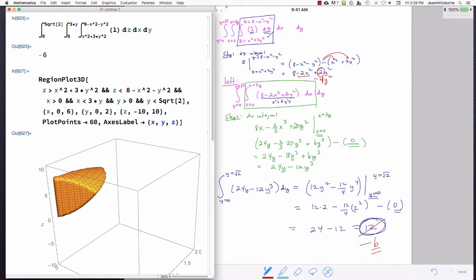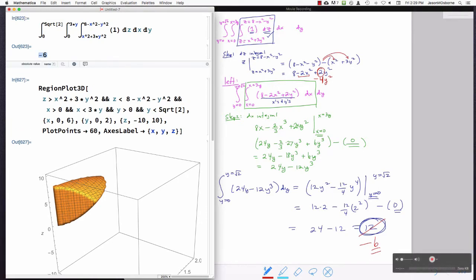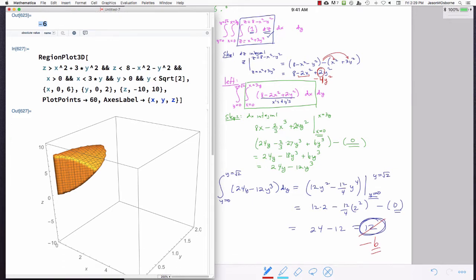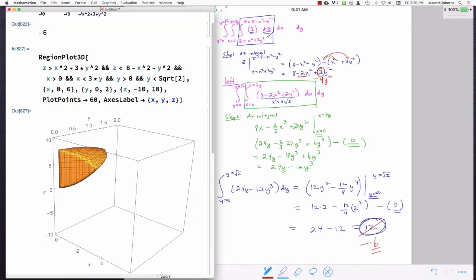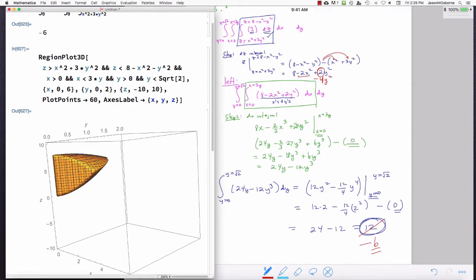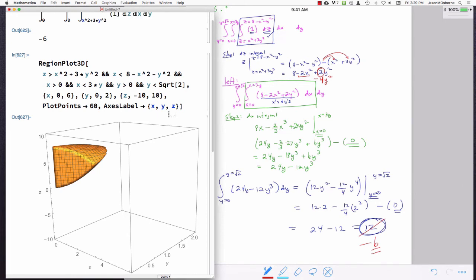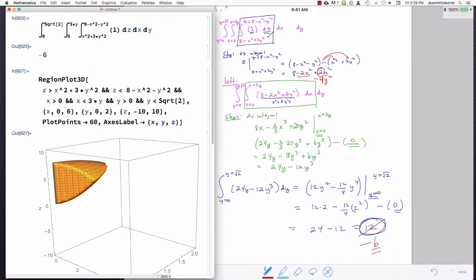Well, it looks like there's a little bit of a mystery left reconciling what the meaning of this answer is, but this integral is of the form integrating 1 times dV, and therefore we should get a volume integral of the region in question. Here's the region in question, and it looks to be a positively volumed region, so we'll need to reevaluate the answer here. But so ends this video.